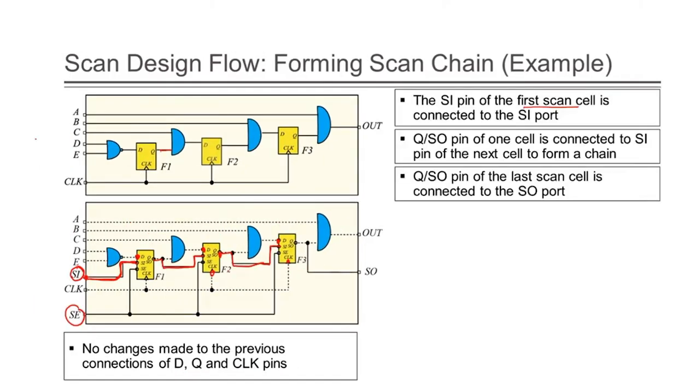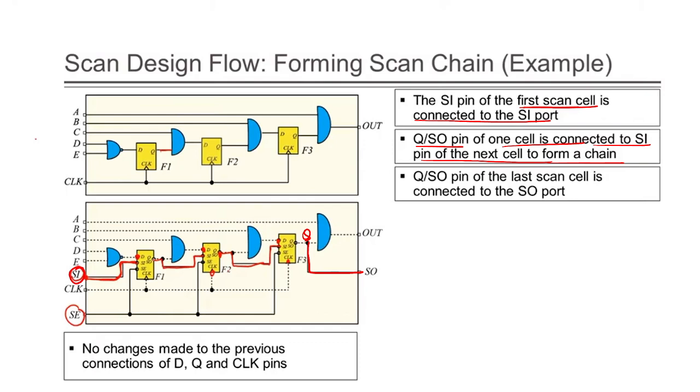Next you see here, SI pin. So if you see, the SI pin is nothing but what? The first scan cell that is connected to the SI port, as I told you. And the SO pin, the last, this is nothing but Q, no? This SO pin of one cell is connected to the SI pin of the next cell in the chain.